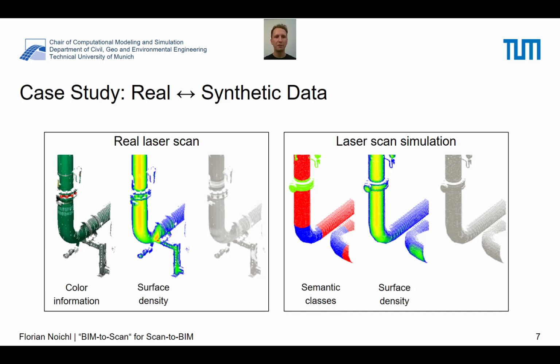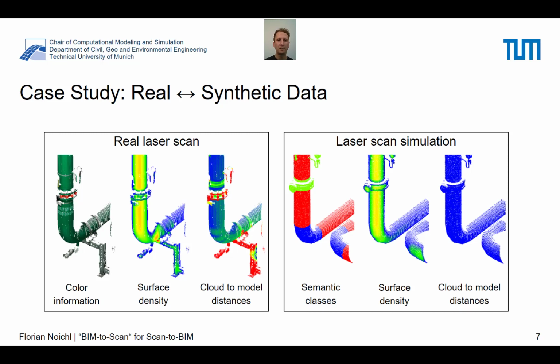So we can see that the surface of the pipe that is facing the scan direction actually shows the highest density in points per surface, which is also, of course, what we would expect. Also, other surfaces that are not directly facing the scanning location show a much lower distribution of points, and the surfaces that face away and are hidden from the scanning location are actually occluded, as we can already see in this.